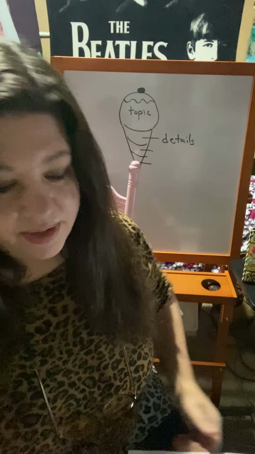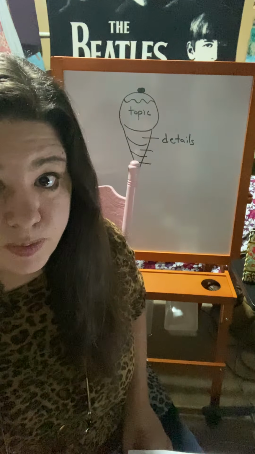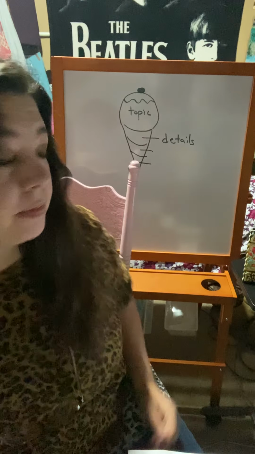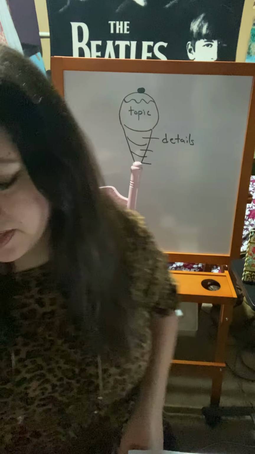So let's think of some details that support the fact that he is no ordinary mouse. In order to do this along with me, why don't you think right now if you can think of some details by yourself? Just think. What are some things about Despereaux that make him different?